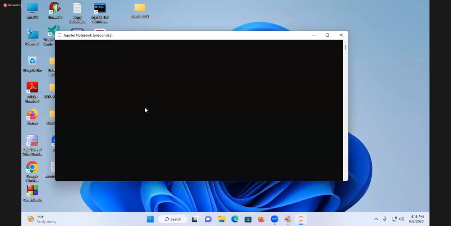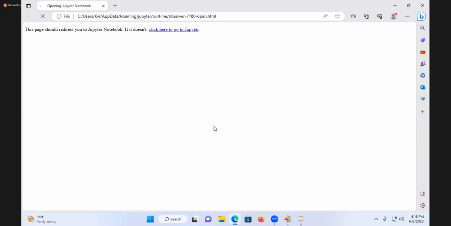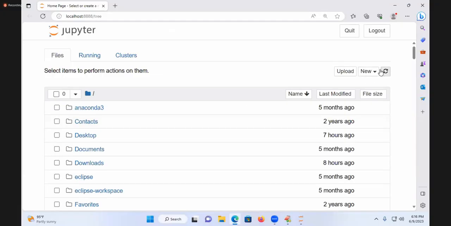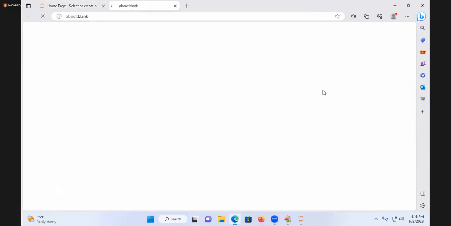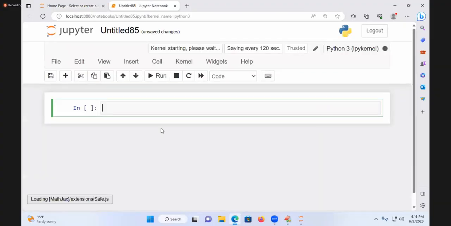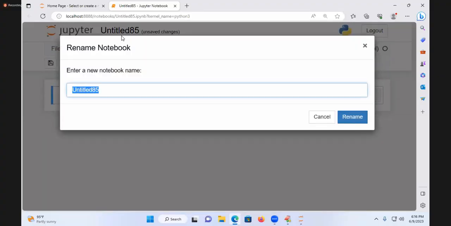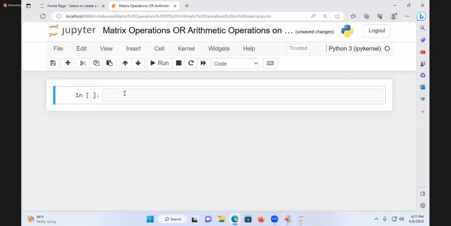Go to the Jupyter notebook. Coming back to the point, here I'm going to use Python 3. Now I'm going to start discussing these things. See students, start.